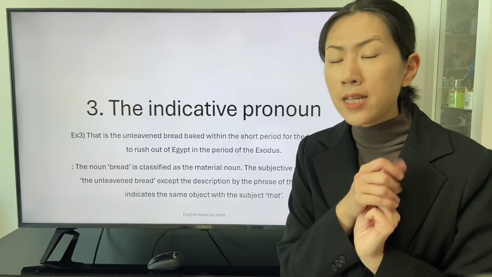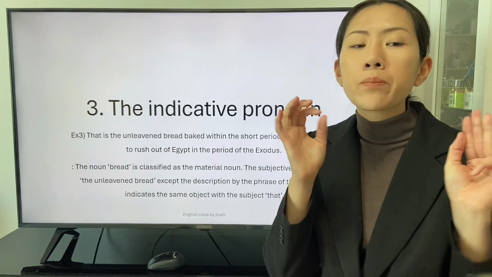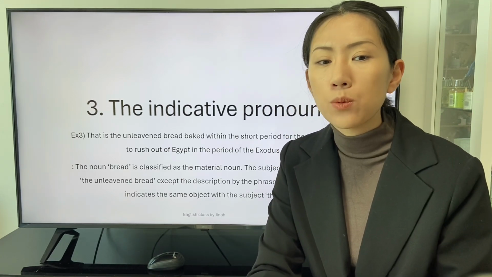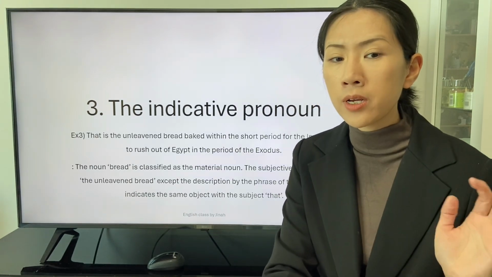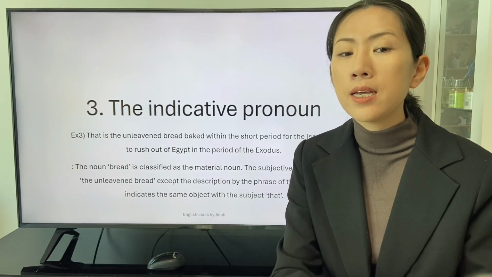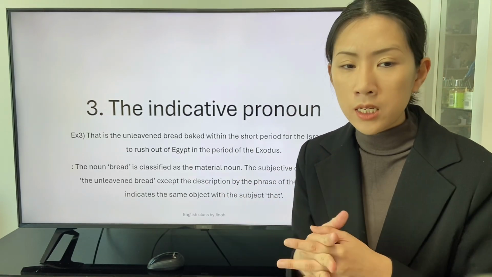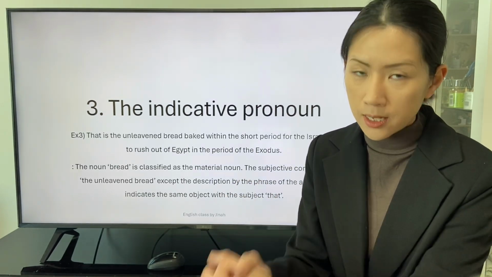The third exemplary clause is this. That is the unleavened bread baked within the short period for the Israelites to rush out of Egypt in the period of the Exodus.